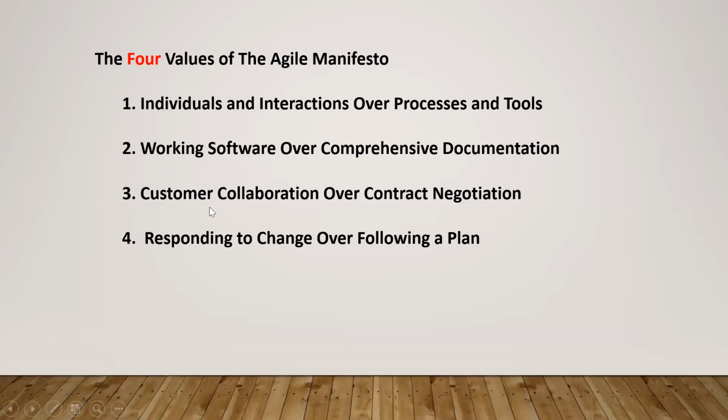Then customer collaboration over contract negotiation. A contract is something where you agree upon particular guidelines, conditions and terms. To a certain extent, a contract is okay. But for us, the more important thing is customer collaboration. We want the customer to come back again for our services.